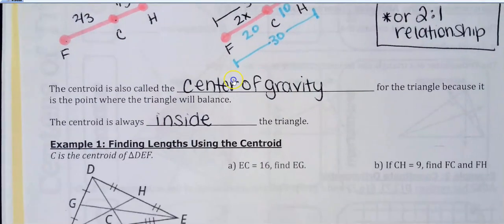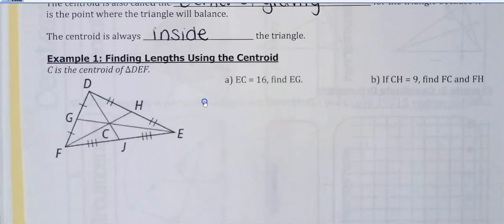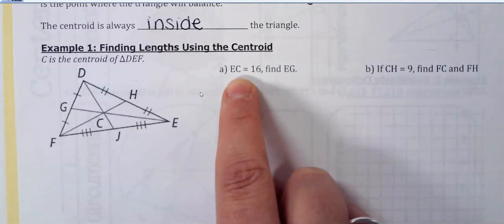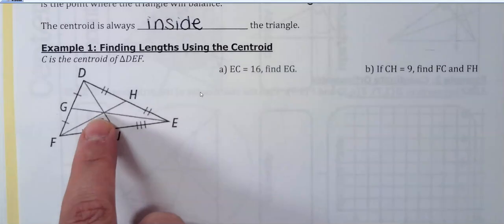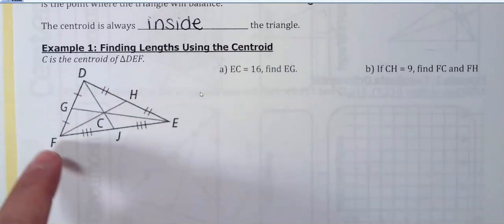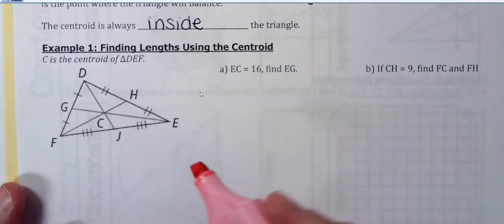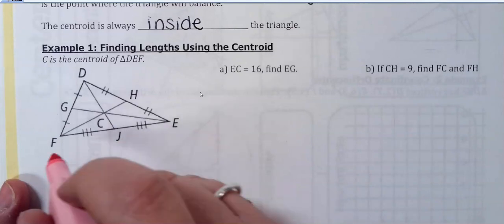All right, now the types of problems you guys are going to see are like what I have in example 1. All right, so I'm just going to highlight one of these. So in the directions, it just says C is the centroid for DEF. So each of these segments, FH, DJ, and GE, this is the same diagram as above. These are medians. So they connect a vertex to the opposite side's midpoint.